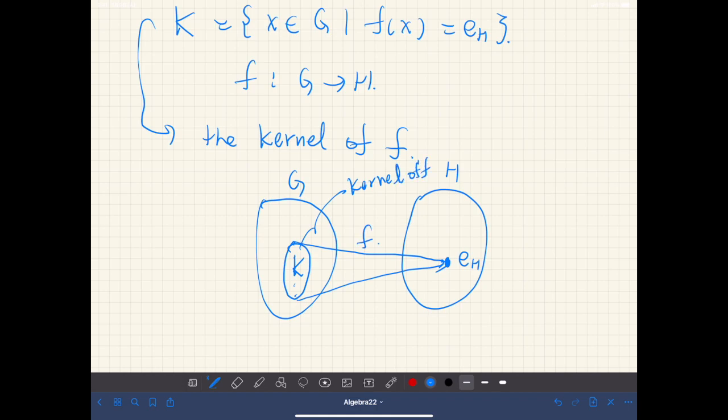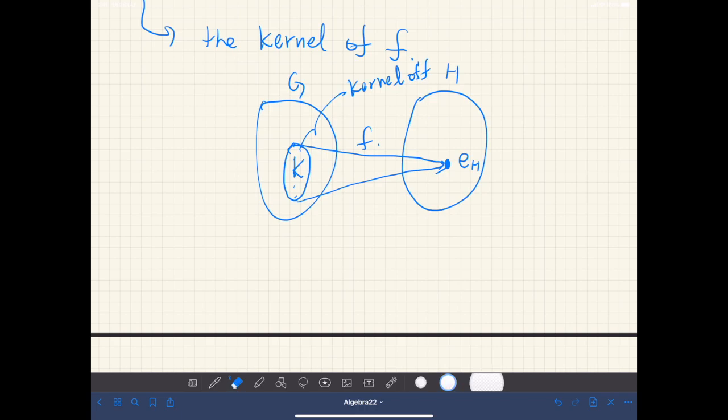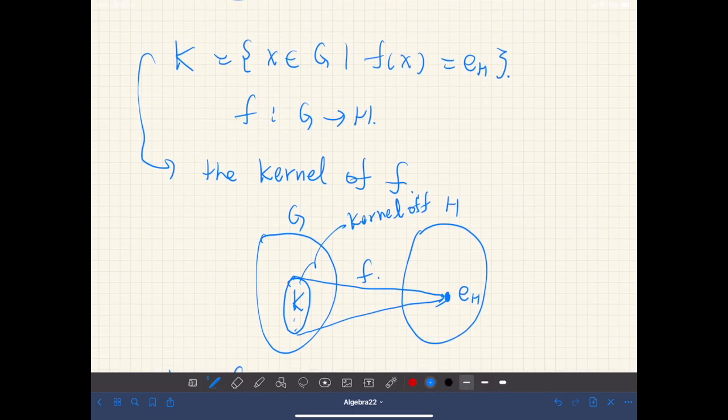This mapping is f. As we have seen in the theorem, the kernel of a homomorphism is a normal subgroup. By the way, we write kernel by this notation. So the kernel of f is this.